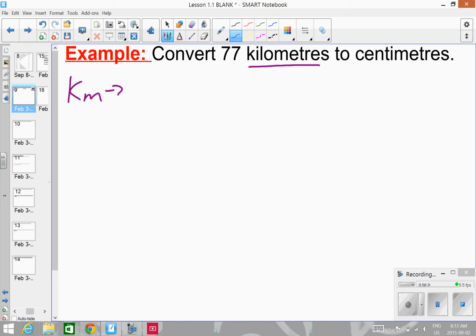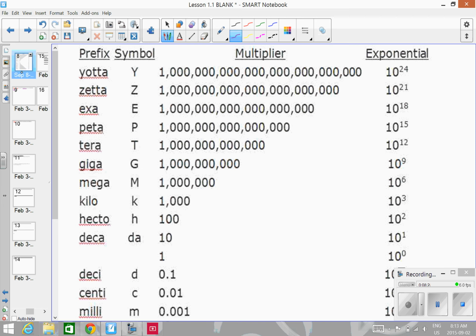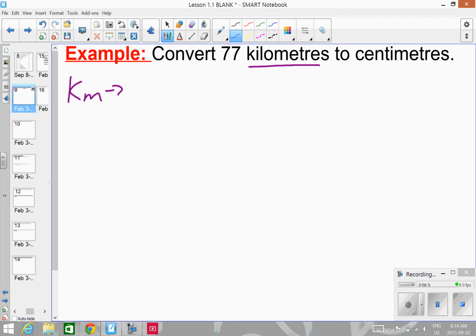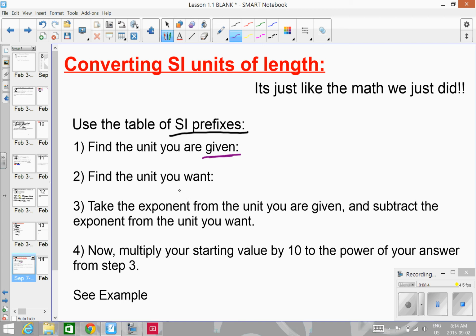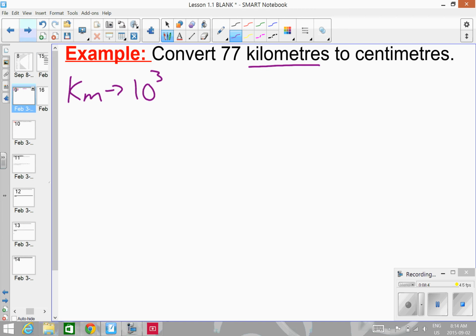And if we go look at our chart, kilometers was 10 to the power of 3. Alright. Step 2, find the unit that you want, the one you're changing to, which is centimeters.